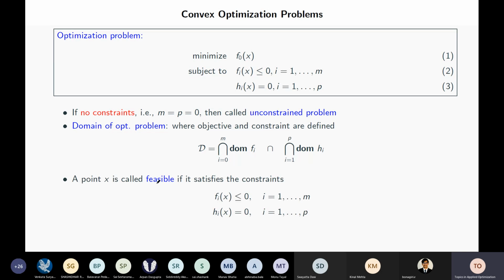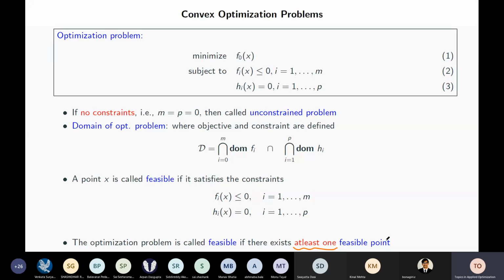A point x is called feasible if it satisfies the constraints. A point is feasible if it satisfies both the inequality constraints and the equality constraints. I will also have some examples to practice this, but for the moment memorize these things. The optimization problem is called feasible if there exists at least one feasible point.